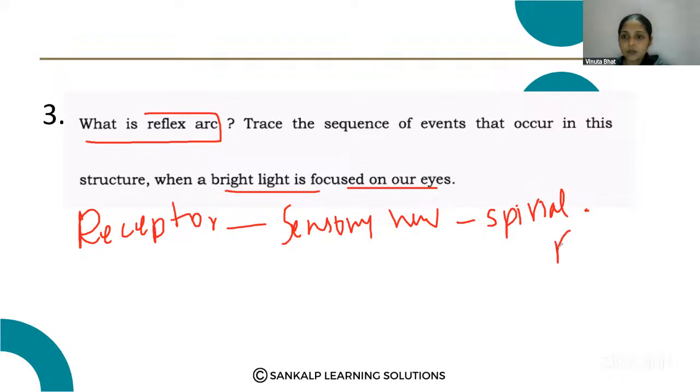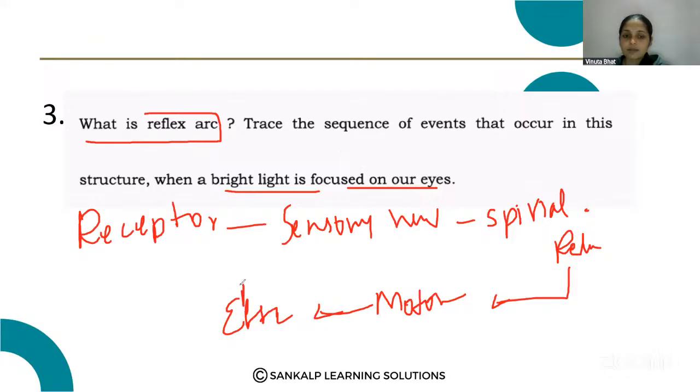The relay neuron then transmits the action through the motor neurons to the effector, that is the eyes, which causes the closing of the eyes. The movement of the muscle present in the eyes helps to close them.